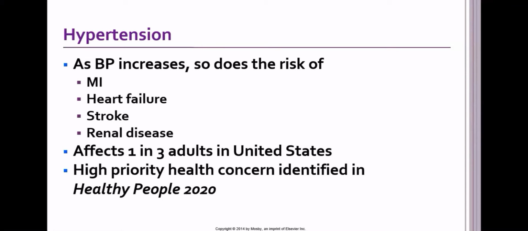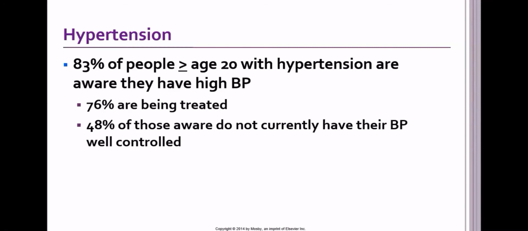Healthy People 2020 lists the number of adults with hypertension whose blood pressure is under control as one of the 26 high priority leading health indicators for the coming decade. The National Health and Nutrition Examination Survey, also known as NHANES, tracks prevention, treatment, and control of hypertension.